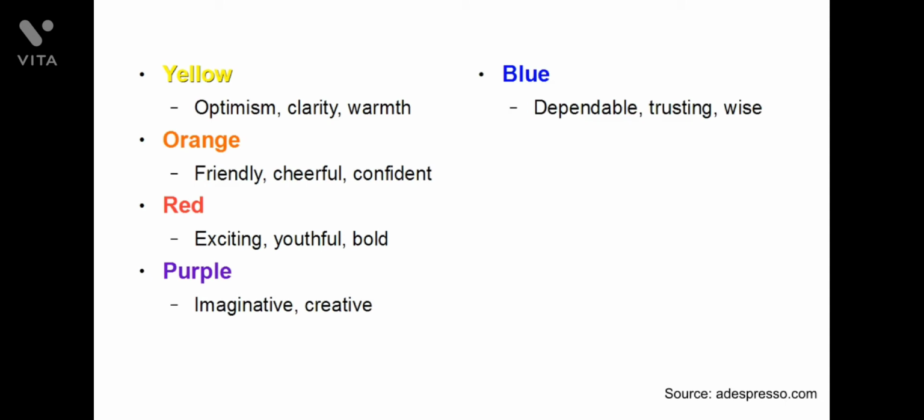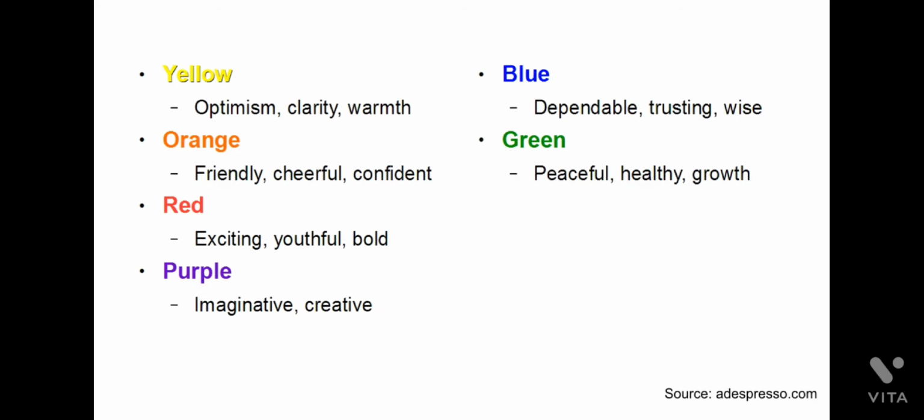With blue, people tend to associate it with things being dependable, trusting and wise. Green tends to be associated with things that are peaceful, healthy and associated with growth. And grey is balanced, neutral and calming.